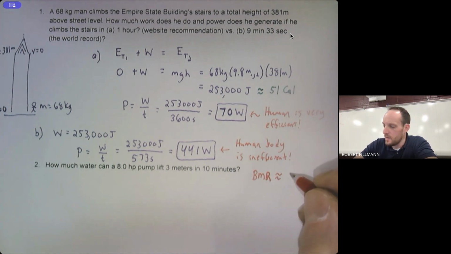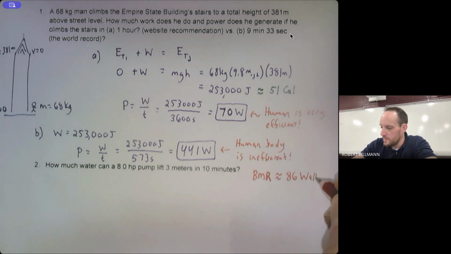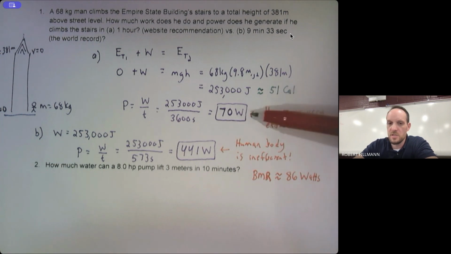There are online calculators for these things. And I calculated for myself, a 43-year-old man, that it comes out to be about 86 watts. So if you think, wow, I'm just sitting here in the chair doing nothing, I'm consuming this much energy per second. So this is the additional rate of energy consumption for walking versus sprinting up the stairs.